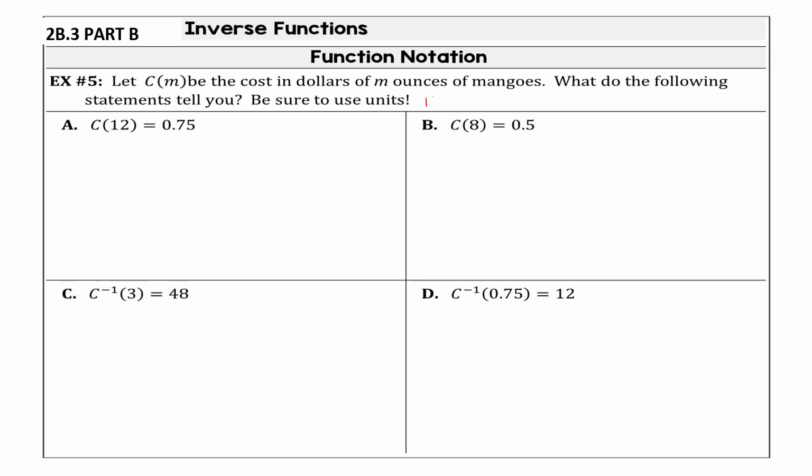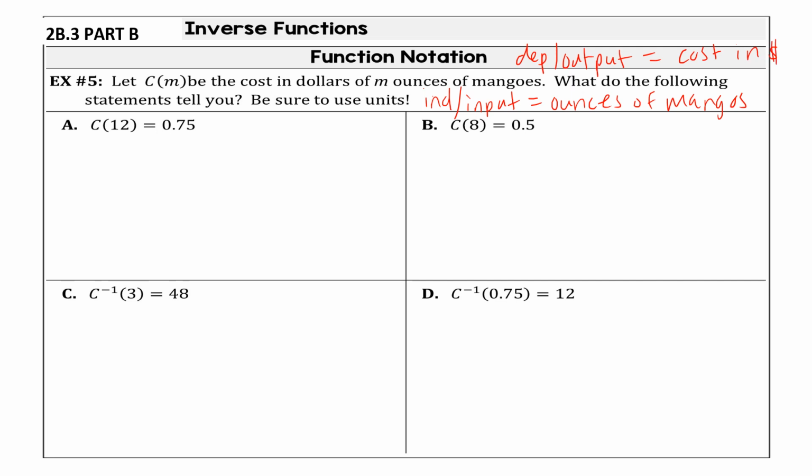Our independent, which is our input in this situation, is going to equal our ounces of mangoes. Our output, our dependent, is going to equal our cost, the cost in dollars.